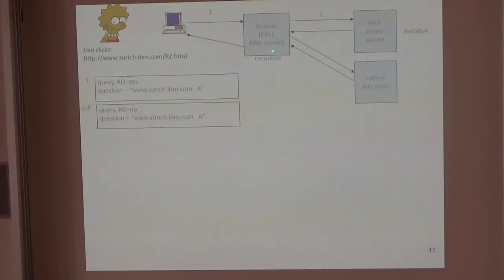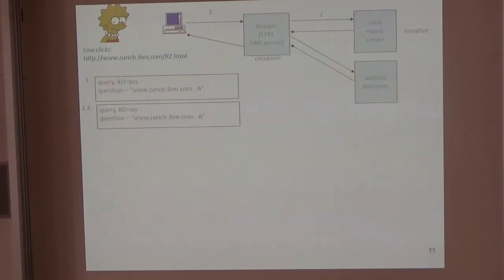Right. Then the DNS server of EPFL doesn't know, so it has to find the IP address of www.zurich.ibm.com. For that, the principle is very simple. You follow the hierarchy. So you're asking for somebody that belongs to ibm.com, so you need to find a name server that serves .com. Those are called root name servers.